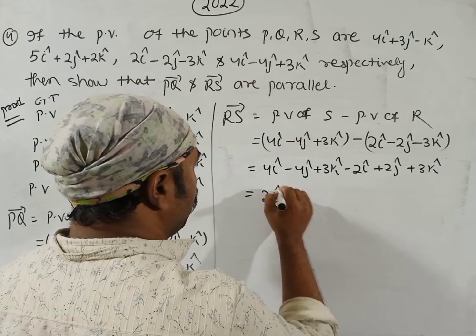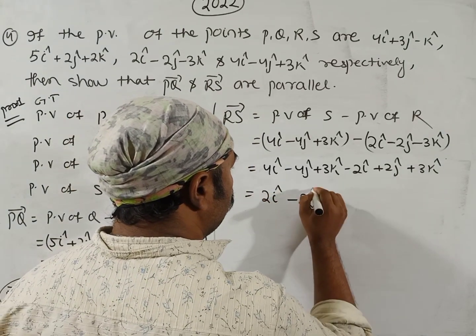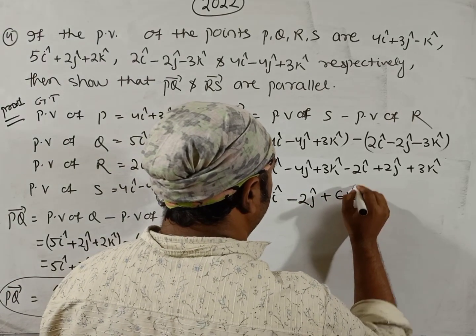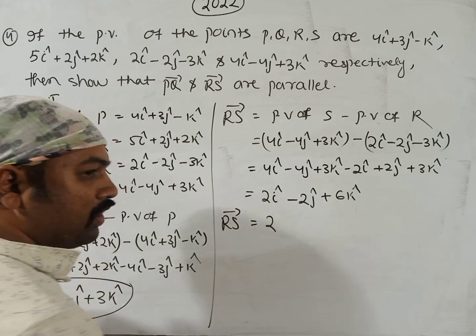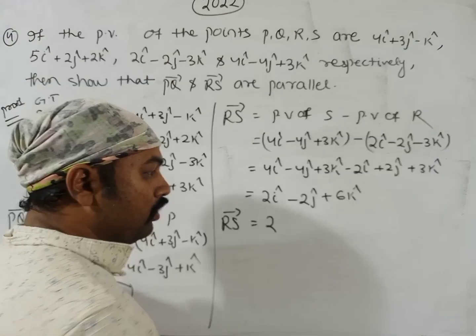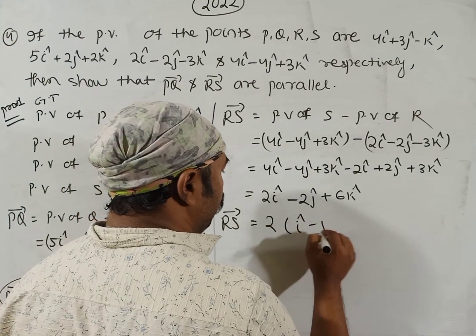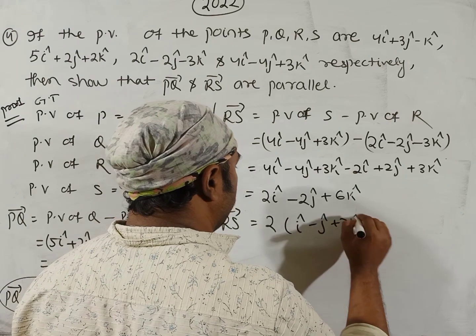It is 2i cap minus 2j cap plus 6k cap. Taking 2 as common, here it is the RS vector. Taking 2 as common, we have i cap minus j cap plus 3k cap.